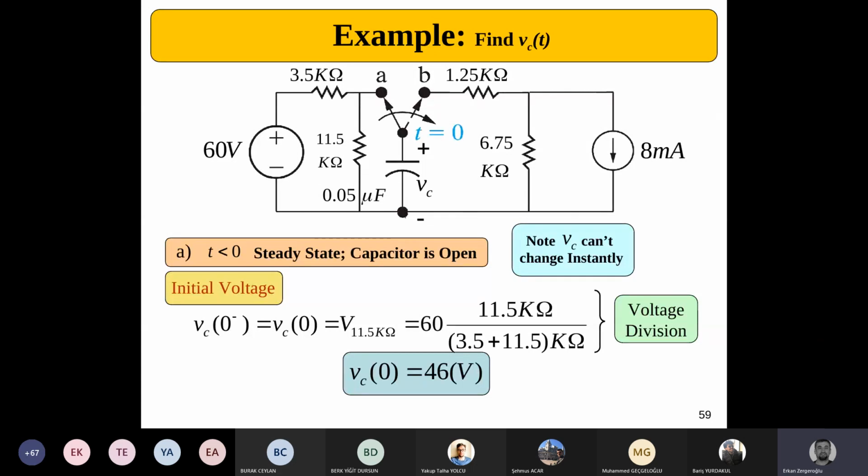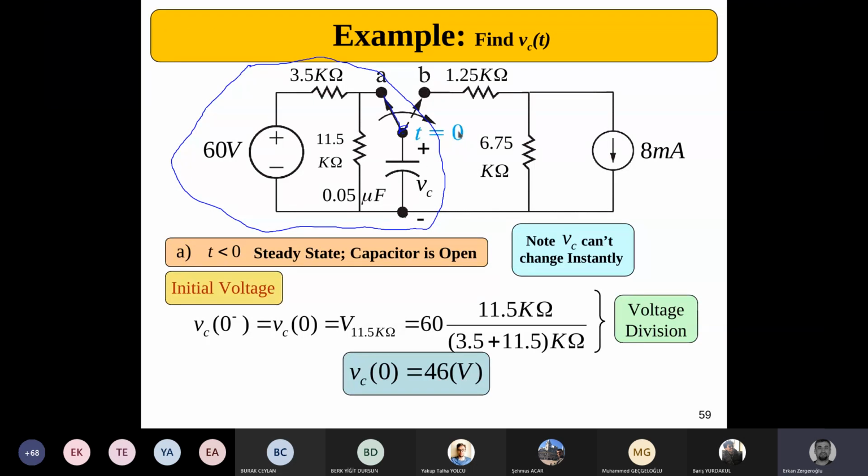Now the problem says we had a switch in the circuitry, and for t less than or equal to 0, the circuit was at steady state. That means nothing was changing, and the switch was connected to A. That means we have this portion of the circuit. We have two separate circuits, and this portion is related to this capacitor.